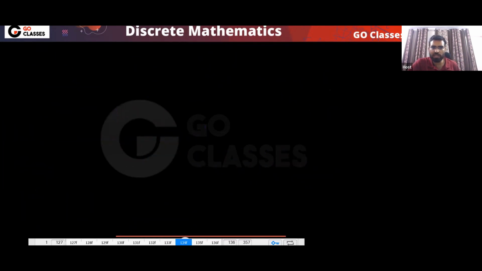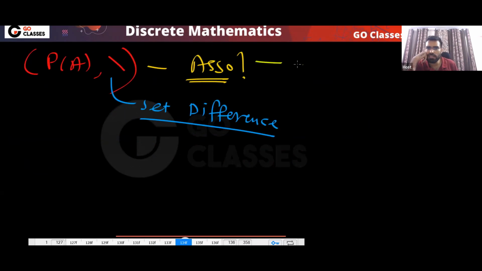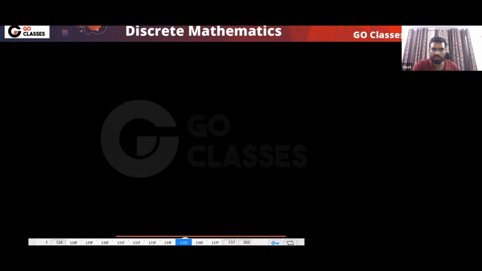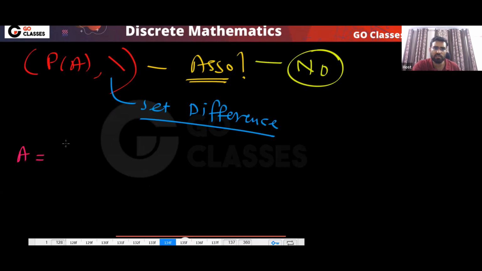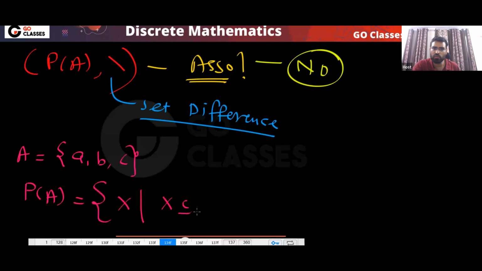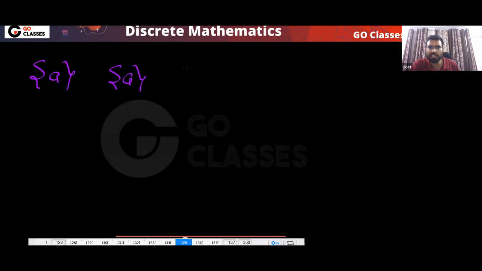And what about other properties? Is it associative? The answer is no. Set difference is clearly not associative. Let's assume your set A is ABC. Then you know what is power set. Power set is basically subsets of A. So you can take these three elements. Very good.